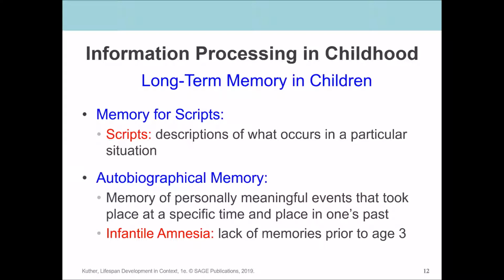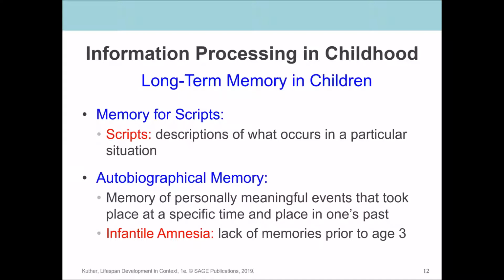So you've got this kind of elaborate detail about what happens. Younger kids really just remember the main details. When you go out to eat, oh, you go to a restaurant and they give you food and you eat. Oh, and then you have to pay at the end. So it's much more thin in terms of their description.